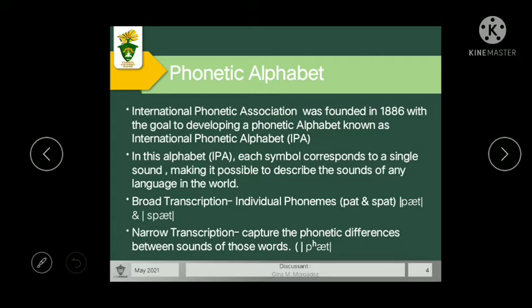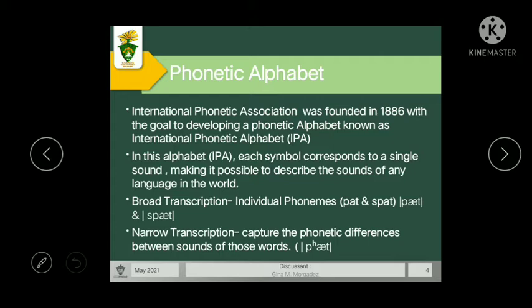For example, in English, the graphemes C-A-T in the word cat correspond to the three phonemes in this word, which are k, a, and t. But as is the case in most alphabetic writing systems, there is not a one-to-one correspondence between sound and grapheme. Graphemes can have more than one pronunciation.